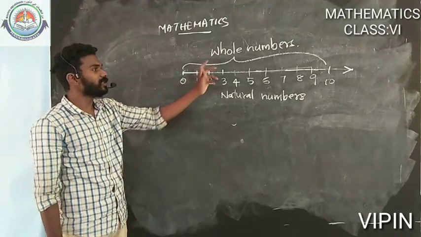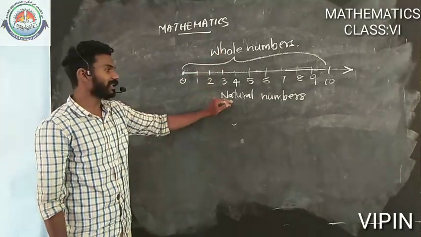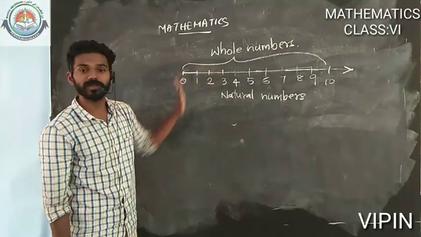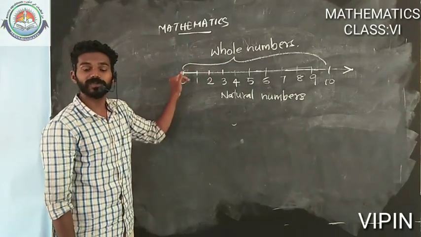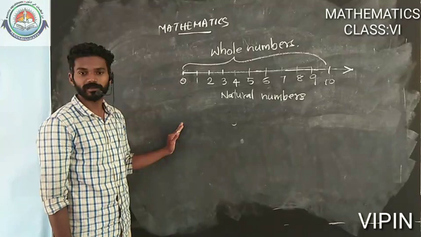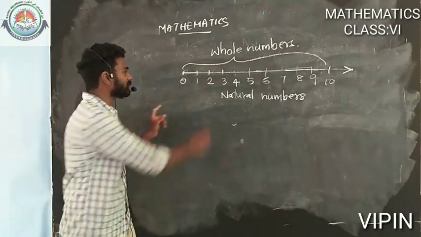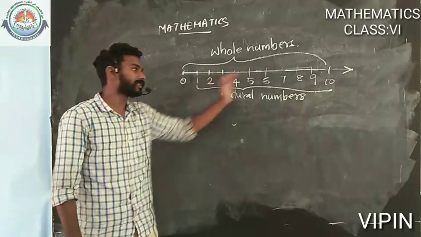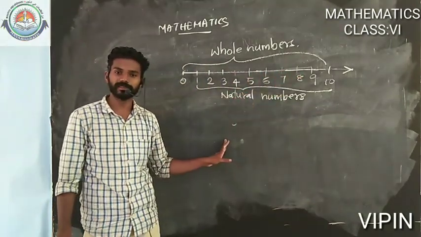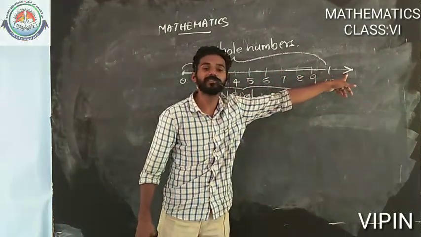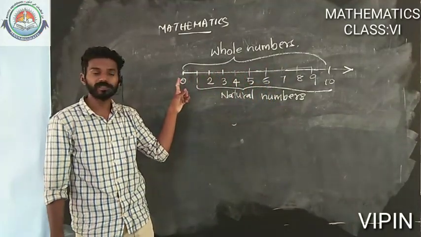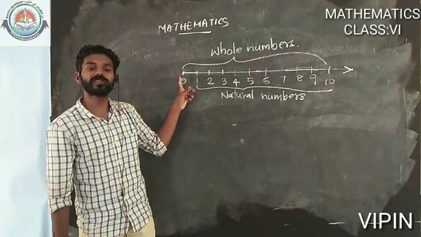So the difference between the whole numbers and the natural numbers can be clear from this simple picture, from this number line. A natural number starts from 1. And it does not have an end. It can be indicated by this arrow mark. And a whole number starts from 0.